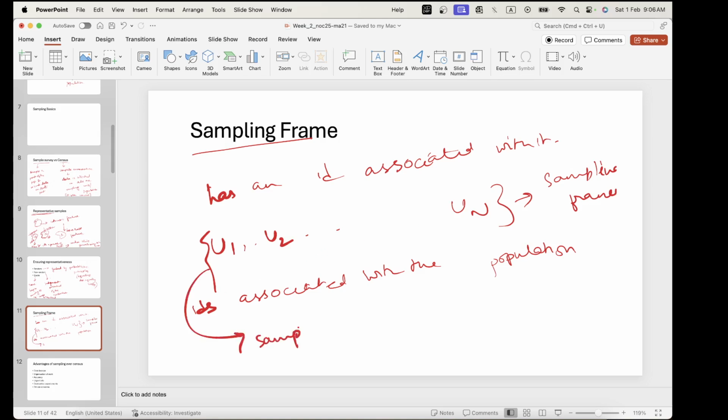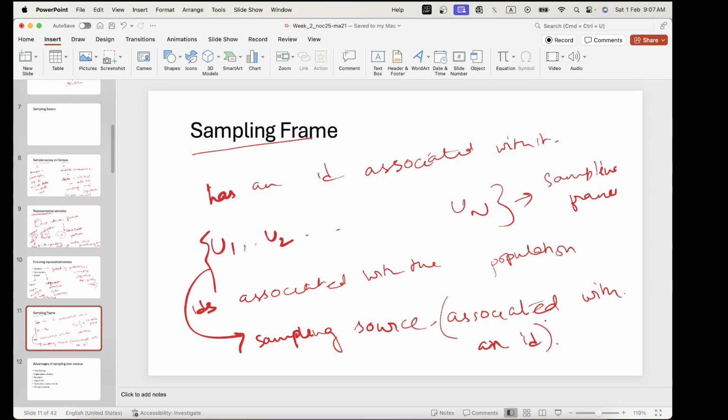So it is a resource, or the sampling source, I would say, and this source is associated with some sort of an ID.